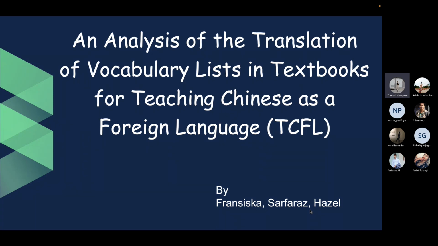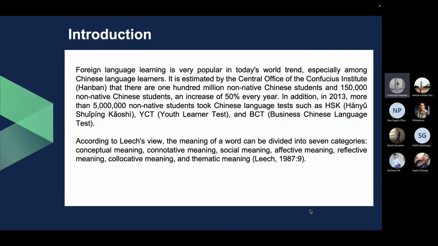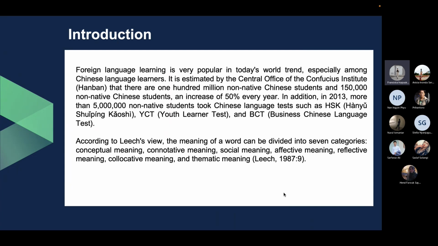So let's start from the introduction. In today's world, we know that foreign language learning is very popular, especially Chinese, and it is written by the Central Office of the Confucius Institute. There are 100 million non-native Chinese students and 150,000 non-native Chinese students, an increase of 50% every year.